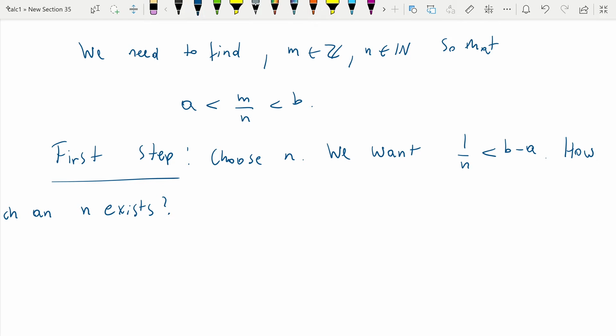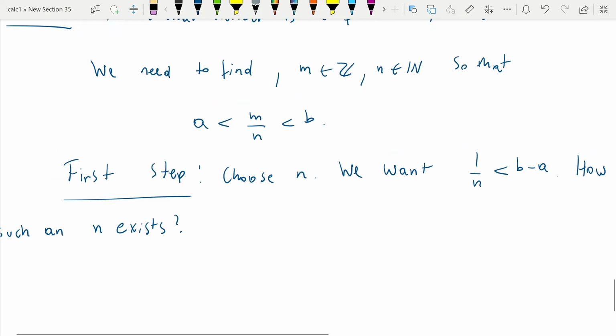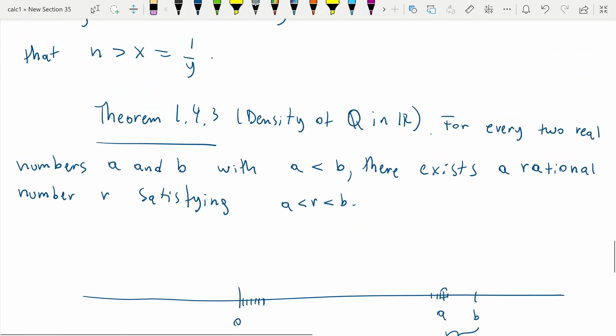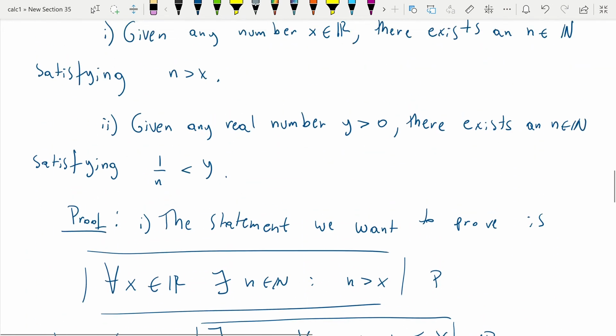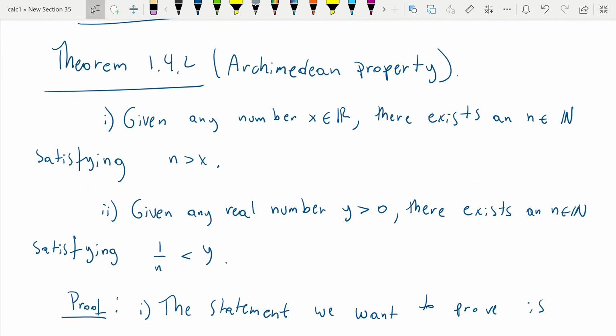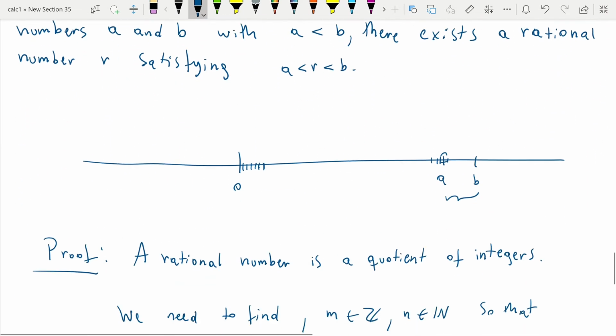Well, we know by the second part of the Archimedean property that if y is greater than 0, there is an n in N such that 1 over n is smaller than y. What is this y greater than 0 that we need in here?